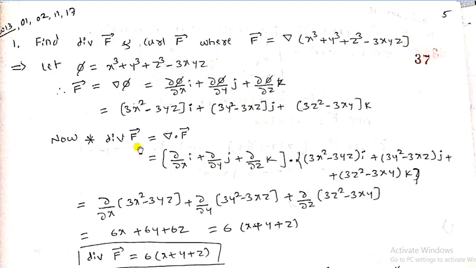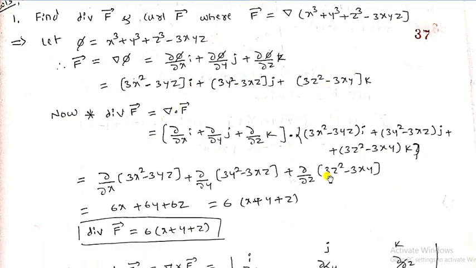So divergence of f is del dot f. Take the dot product of del and vector f. Del is dou by dou x i plus dou by dou y j plus dou by dou z k, dot vector f, using the above result. Here in the dot product, i dot i is 1, j dot j is 1 and k dot k is 1.